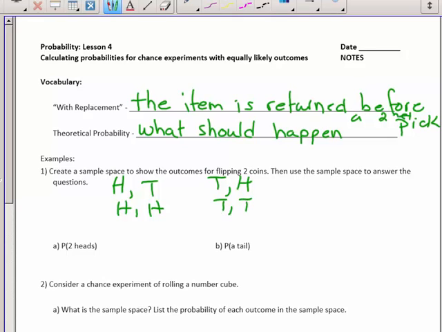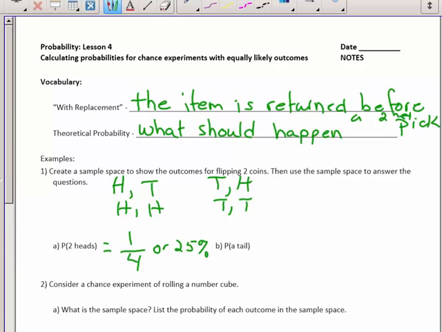So there's four things that can happen, because those are being put together in groups. Then I want to know, what's the probability that I get two heads? Well, I have four outcomes altogether. One of those shows getting two heads together, so 1/4. If you wanted to turn that into a percent, you could say it was 25%.